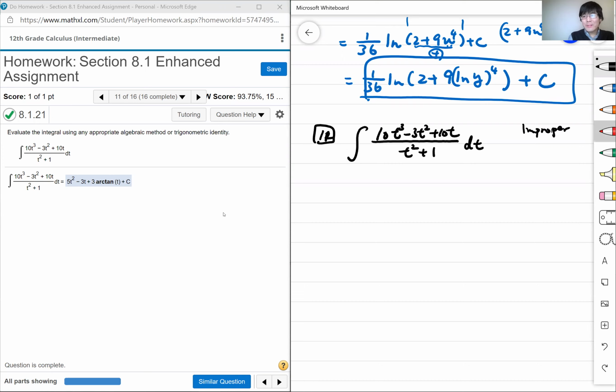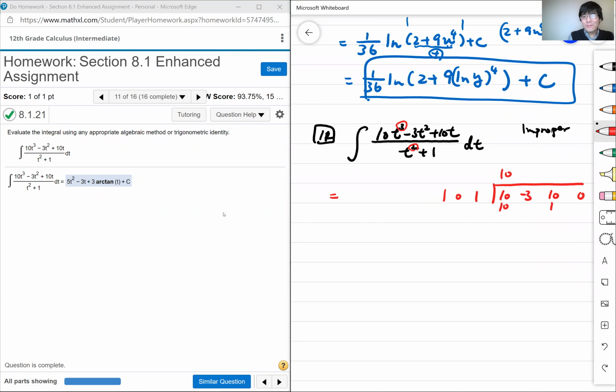It's improper. The degree of the numerator is greater than the degree of the denominator. So the first thing you should do is do the division to make it a sum of polynomials and a proper fraction. Let's fix it by division. So it's going to be 10t cubed minus 3t squared plus 10t plus 0, divided by t squared plus 0t plus 1. So you do the division.